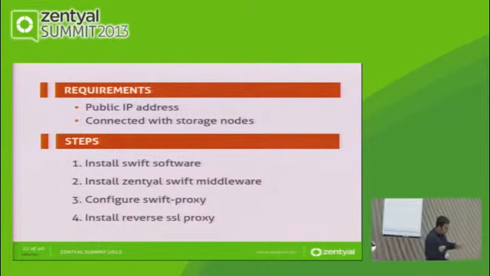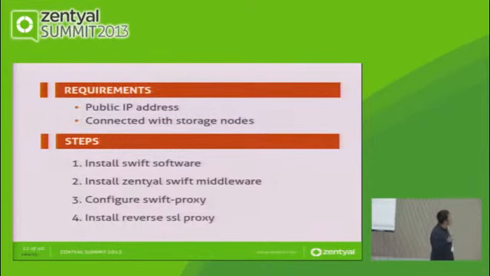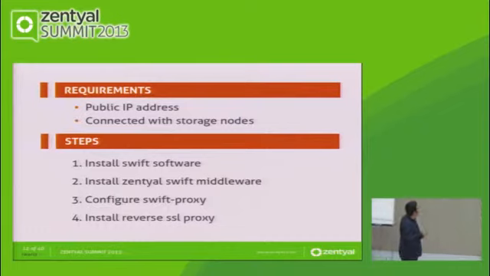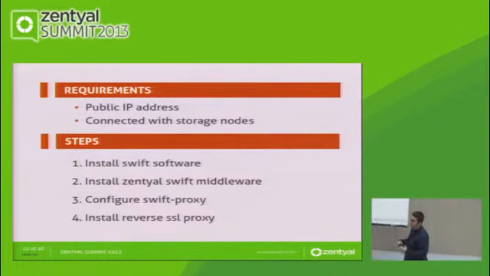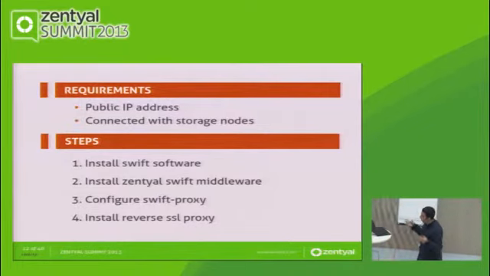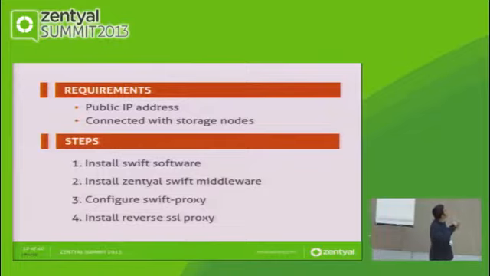As I said, you need to connect Zentyal Cloud to this architecture, so we need to be public or in any way that Zentyal Cloud can access it. The Zentyal Cloud web application is stored in the cloud, on the internet, so it's necessary to be accessed. And it needs to be connected to the storage nodes using another network, as I'll explain later.